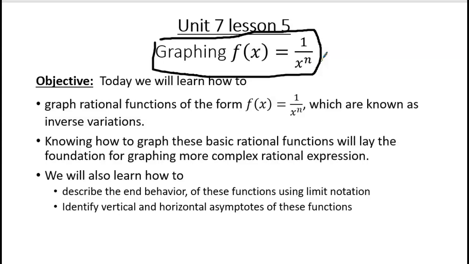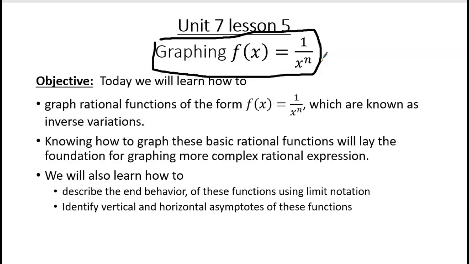The reason I want to do that is because it's going to lay the groundwork for some concepts that will come in handy when we're talking about graphing more complicated types of rational expressions in future lessons.